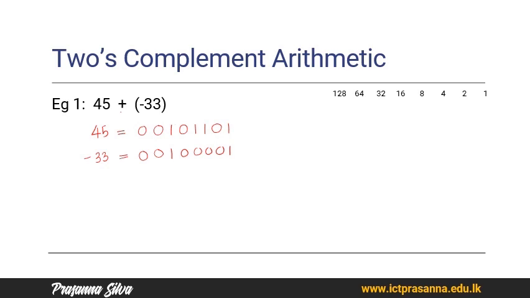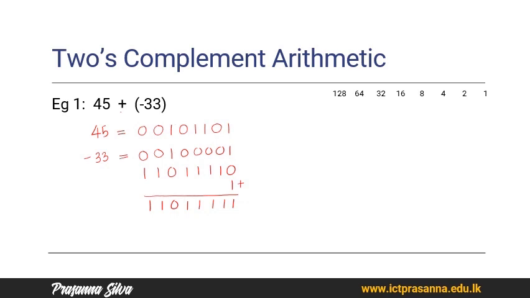And now we can convert that into the negative form using 2's complement. So first of all, we invert all the zeros into ones and ones into zeros. So we can invert it and add a 1 to that, which gives us this as the negative representation of 33.